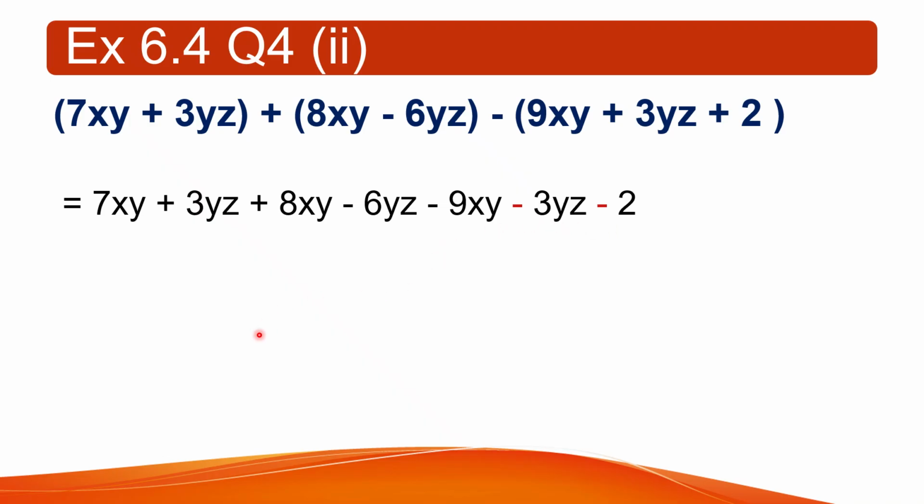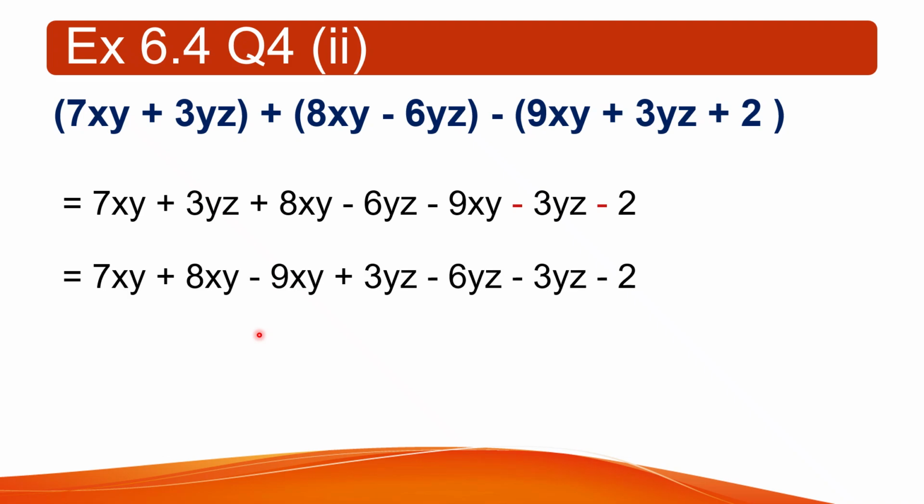Now the next step is to group the like terms. Here we have 1, 2, 3 like terms with variable xy. 1, 2, 3. Again 3 like terms with variable yz, and this 2 is a constant and there is no other constant, so we will write it as it is. So now start solving them.